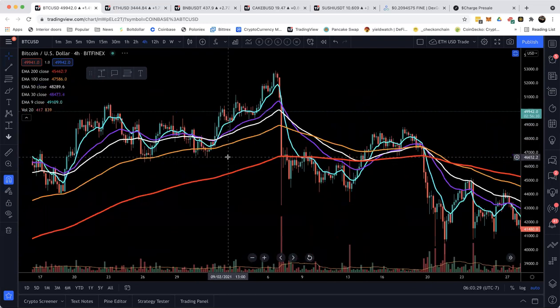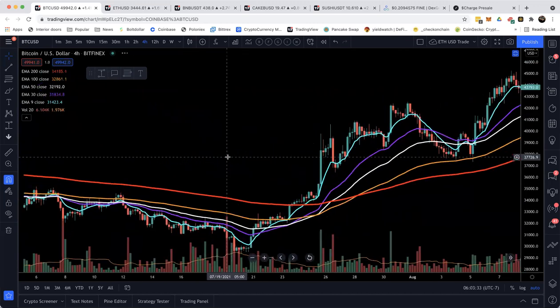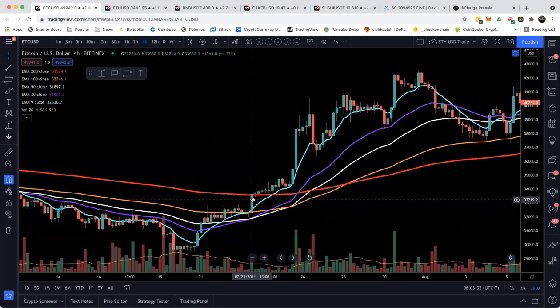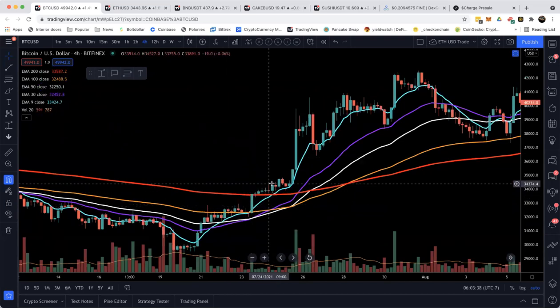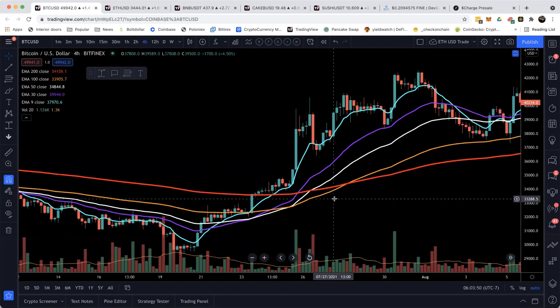Especially on a 200 EMA, when we break above it, we usually come back down and back test it or consolidate. It would even have been better price action for me to see that consolidation. We didn't get any of that.